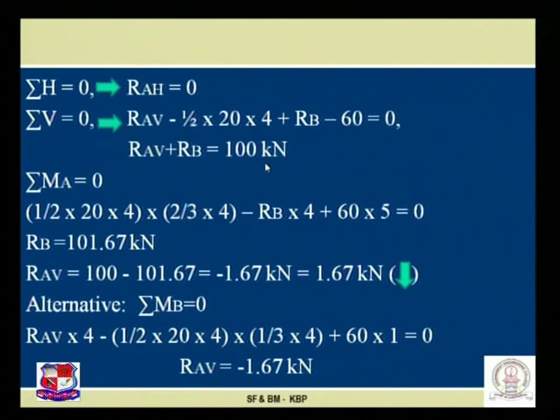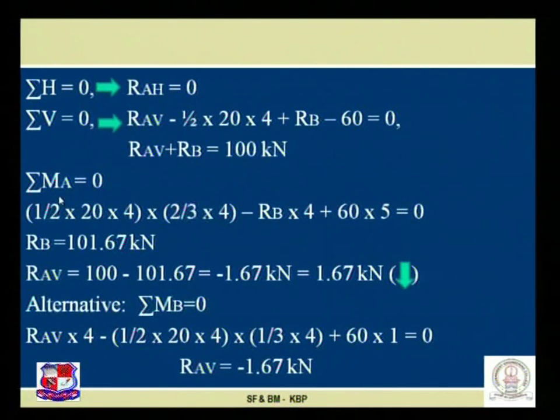The thing to note here is that sigma V equal to 0 gave us an equation consisting of a combination of RAV and RB. Now our intention is to find the individual values of RAV and RB, and for that we have to use the third equilibrium condition, sigma M is equal to 0 at any point.